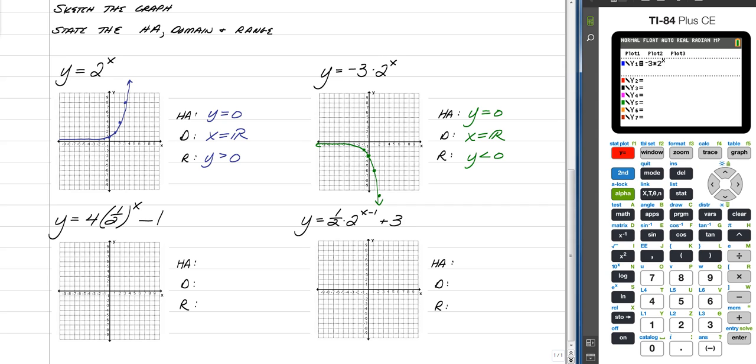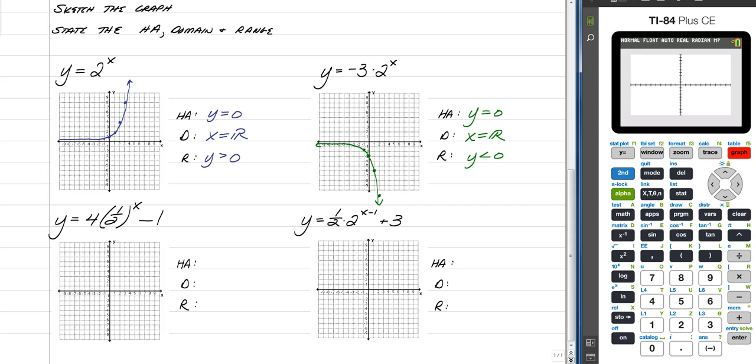Okay, so we have 4 times 1/2 to the x power minus 1. So 4 times 1/2, you can type 0.5 if you want to, raised to the x power, and minus 1. So that's going to change your horizontal asymptote, is what you should have noticed.